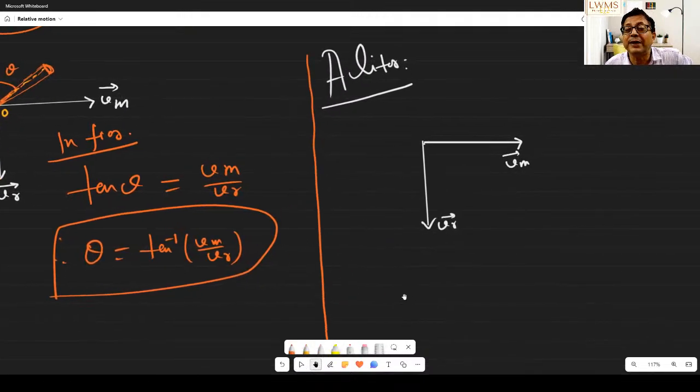Suppose I have chosen the x-axis this manner, and the vertical direction as y-axis. Don't forget the rain problem by drawing x and y-axis. This you are doing just to solve the problem. How to find VRM?